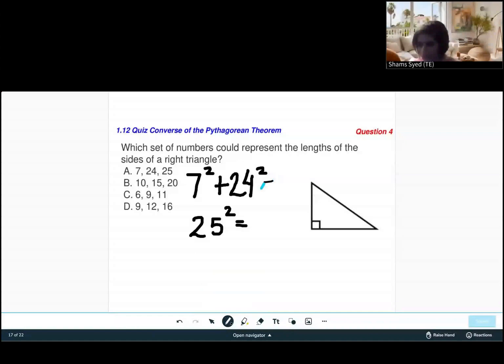Notice that this is 625. So is 25 squared 625? Definitely the answer is A, because 7, 24, 25 is going to create a right triangle. Let's move on to question 4, variety 3.